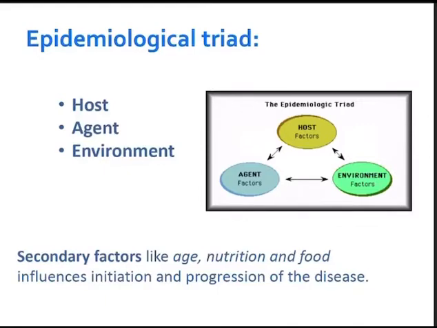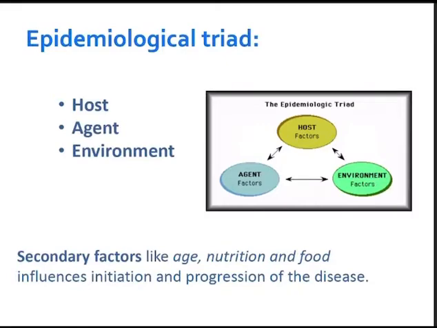What are the agent factors then? Agent factors include microorganisms such as Streptococcus mutans, lactobacillus, and other microorganisms. These are called the agent that causes disease. Then what is the environment? Environment includes fluoride availability, the amount of fluoride the patient consumes, nutrition, diet, socioeconomic factors of the individual, and apart from that, the plaque in the mouth, the quality and quantity of the plaque.